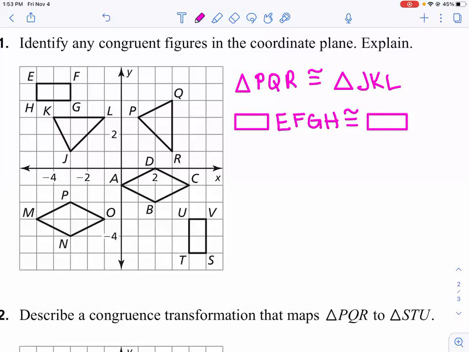But since I named EF first, going from E to F to G to H, and E to F named one of the 2 unit length segments, I better not start naming with UV because that would not correspond with EF. Instead, where can I start? It'd be V, S, T, U, or you could go U, T, S, V.